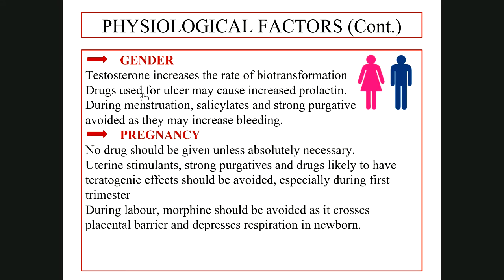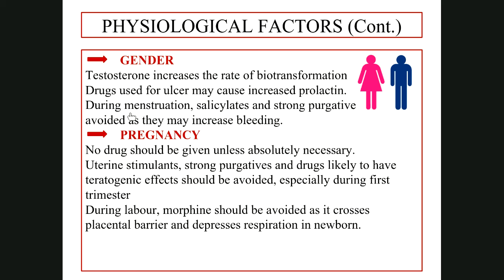Next, coming to gender. In males, the testosterone hormone is more, so it increases their biotransformation. Males have greater BMR when compared to females, so there are chances that drugs might be digested very quickly. Drugs which are used for the treatment of ulcer in females may cause increased prolactin level.